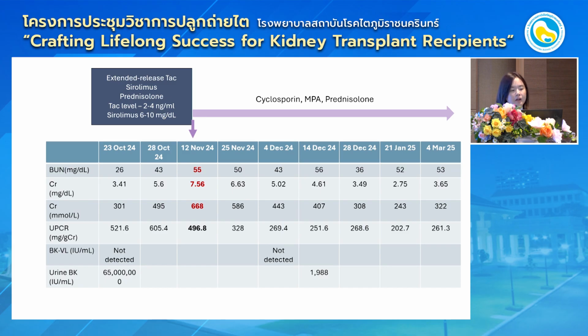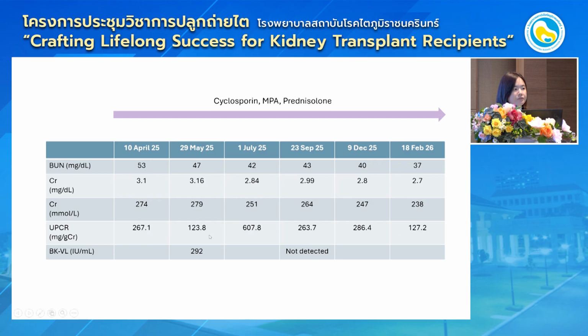After I switched the regimen, the creatinine was coming down, and in just 2 weeks, 1 month after that it is better and better. On surveillance, the BK viral load is still not detected, and urine BK is coming down.